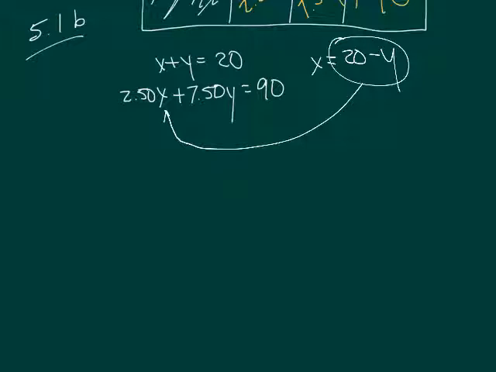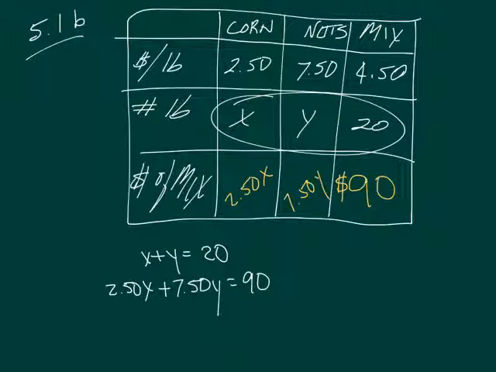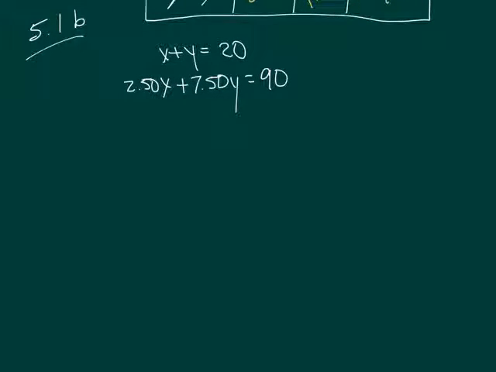Now if I use the elimination method, I come up with a little bit of a problem here, and that problem is that I've got decimals. So one of the things you start out doing right away is multiplying all of this times 10. So we've got our top equation.